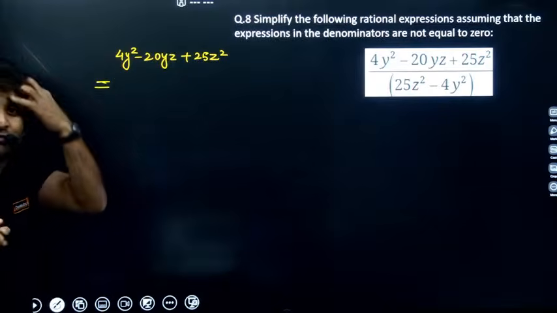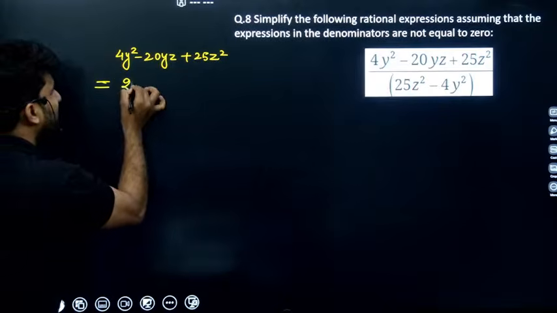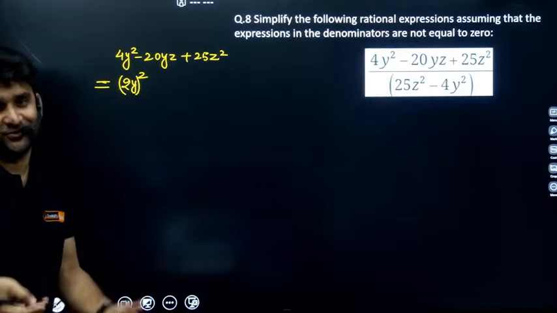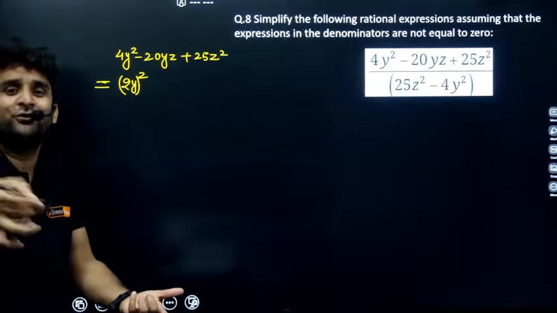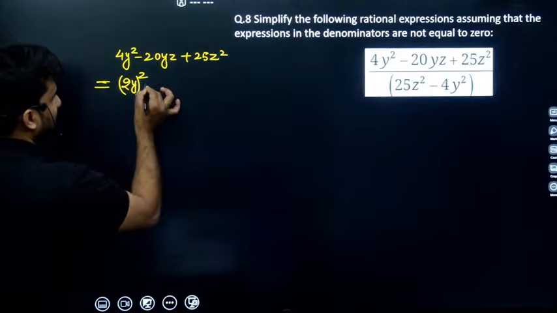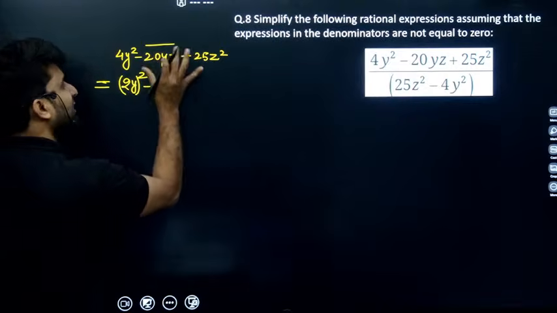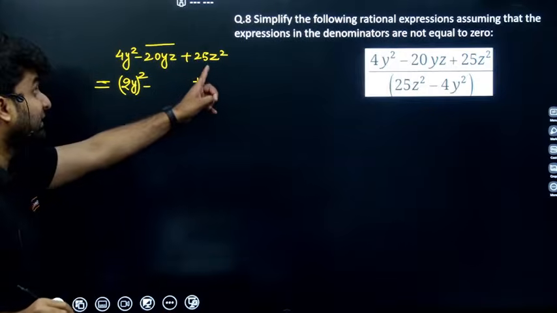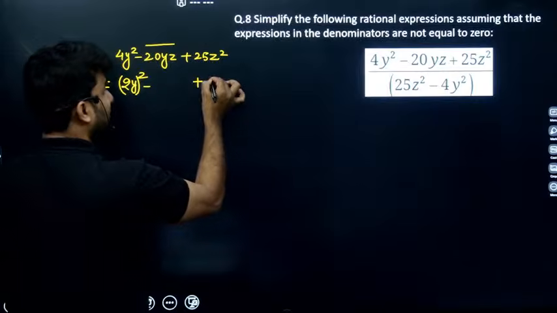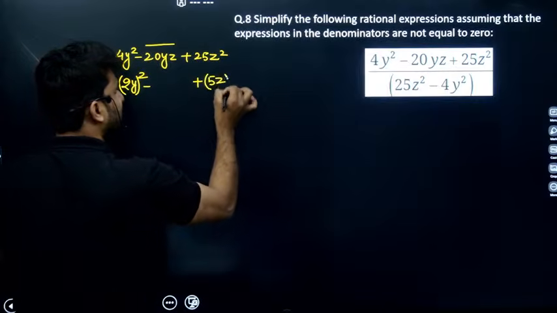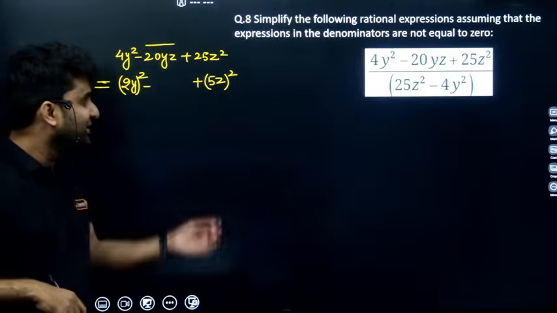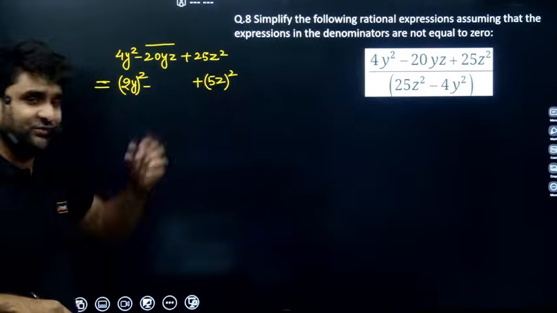If this is 4y square, can we write this as 2y whole square? 2y square is also equal to 4y square. 2 times 2 is 4, y square. Don't do anything with the middle term, keep this space free. Come to the third term, 25z square. Can we write this as 5z whole square? Very good. 5 square is 25, z square.